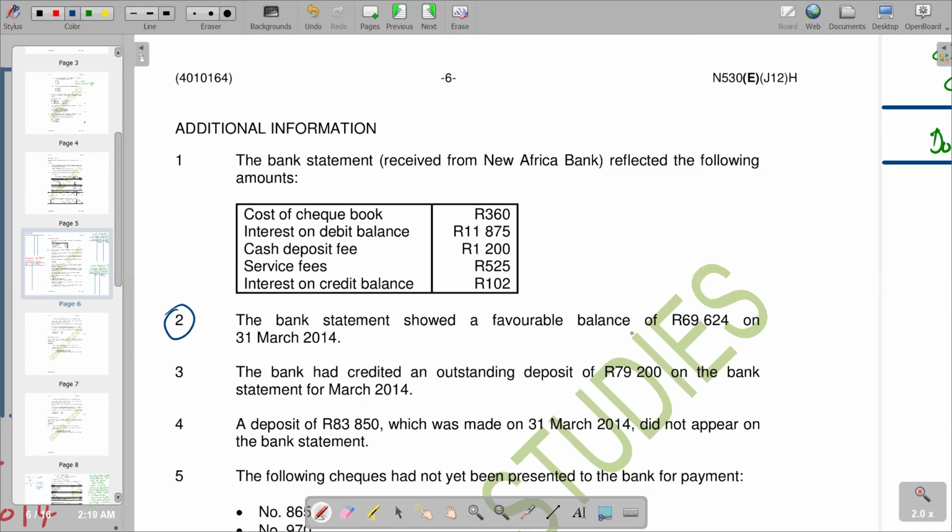Remember, this is taking place at the end of the period, and we are saying the 69,624 balance that we are having is incorrect. Remember the purpose of the bank reconciliation: we are trying to reconcile the balance of the bank account in the ledger and the balance that we have from the bank on the bank statement.